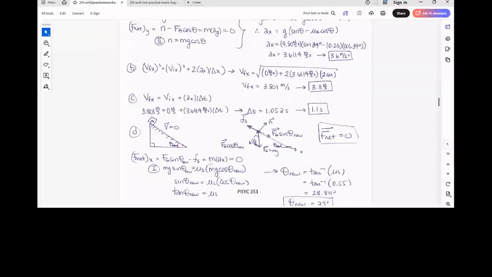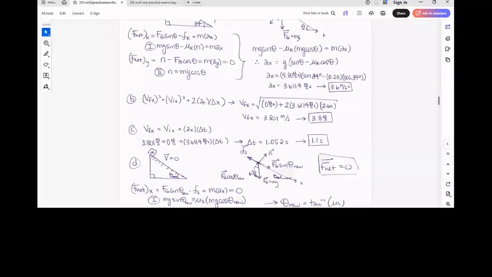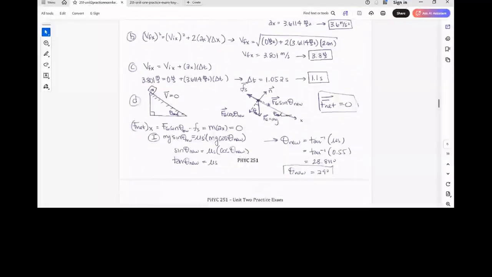I can start with net force expressions for the x direction, and I just used our earlier conclusion that the normal force was going to be mg cosine theta, and I just added theta nu here, so we know it's not the same angle as before. But I can plug that into our static friction expression, which is just mu s times the normal force. And some interesting things happened here. I have two forces that I want to add up to 0.